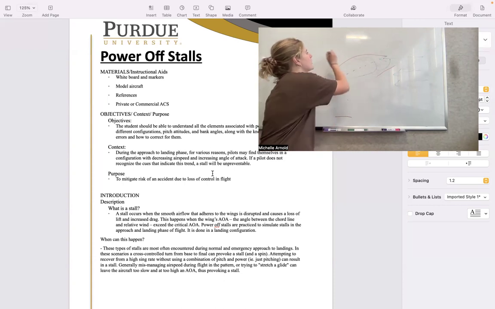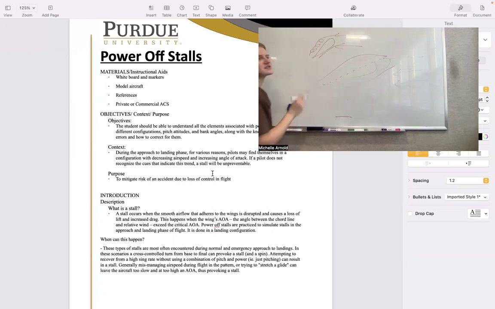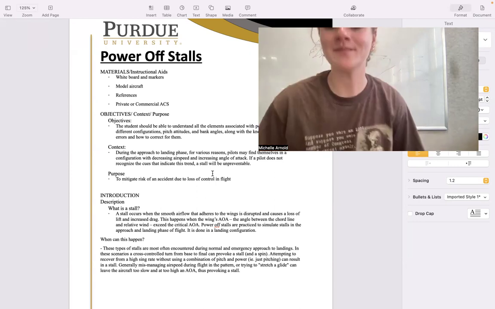But at a certain point, the wind is going to go below it, and then going over it, it's not going to create that smooth airflow, and it's going to topple over the edge. And this is when we stop creating lift. So our critical angle of attack is when the airplane stalls, and then it's going to go nose forward. And that is what we are going to be simulating with our power off stall.